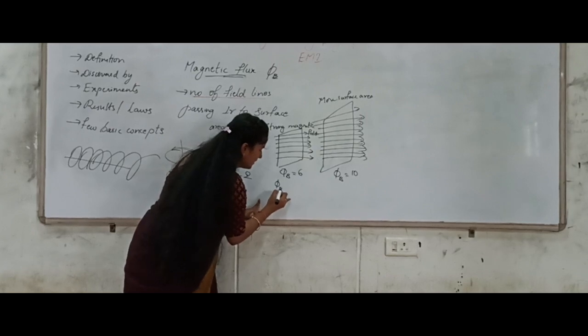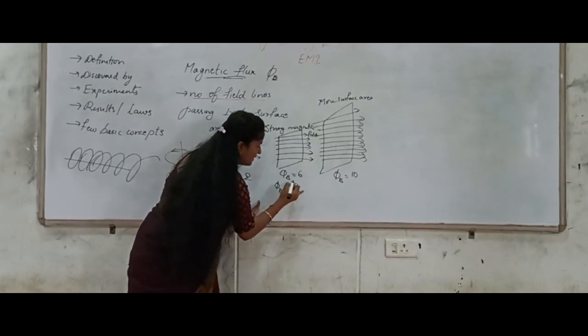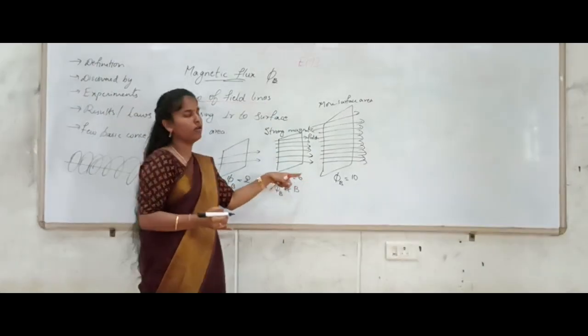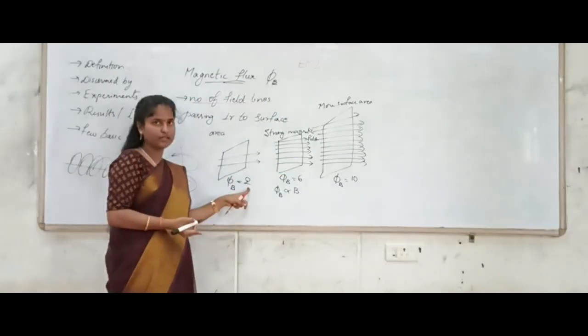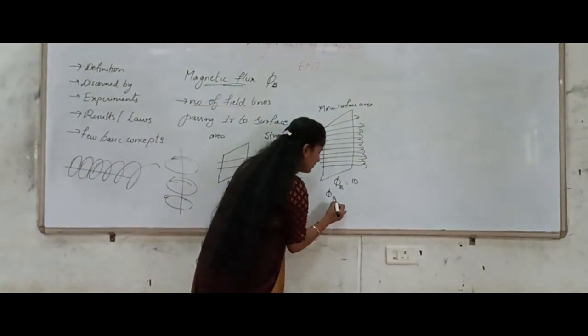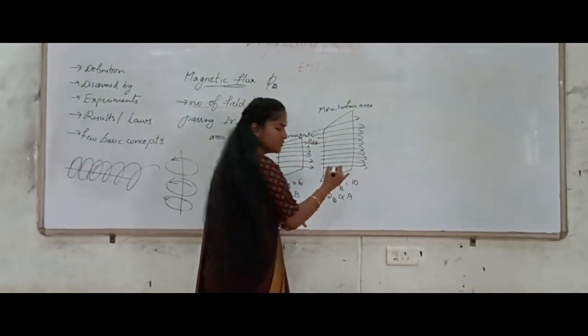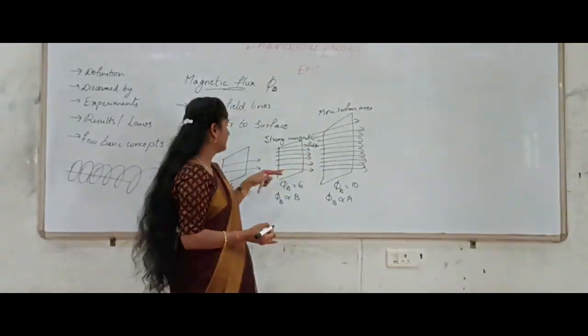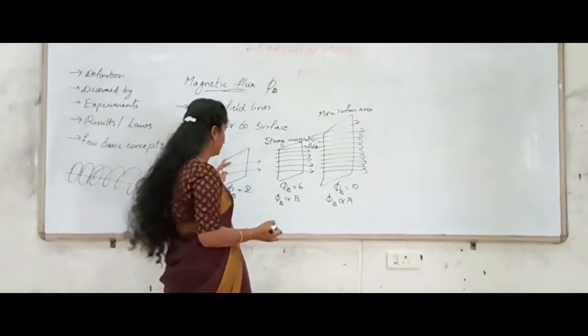Flux is directly proportional to magnetic field. If it's stronger, the magnetic flux will be more. If it's weaker, the magnetic flux will be low. Here we can see that magnetic flux is directly proportional to the surface area. If the area is more, the magnetic flux will be more. If the area is less, the magnetic flux will be less.